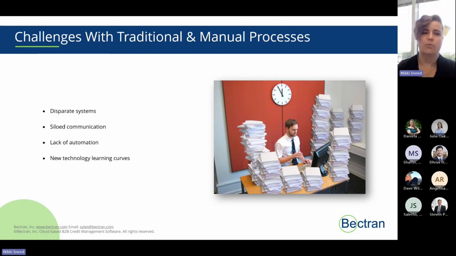Acknowledging that up front removes some of that apprehension, and it will help in overcoming some of the resistance to the change that could be felt throughout your team. So really ensure that your team understands there's going to be a learning curve, but you're taking steps to support them by implementing an effective, comprehensive training plan, and you're going to continue to support them.